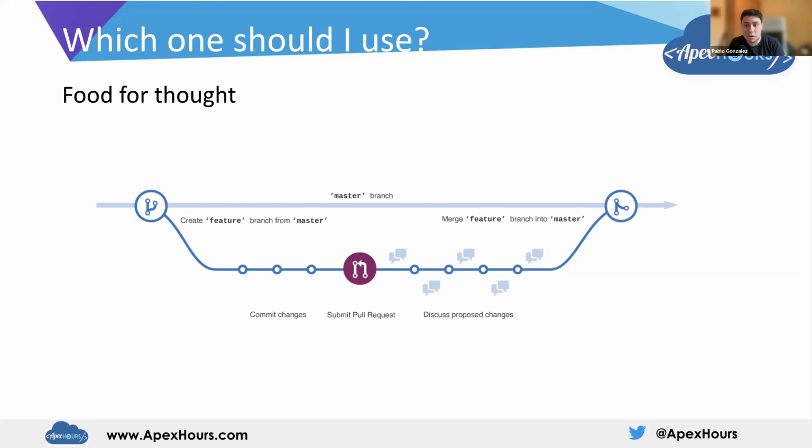That's one argument that people give me. There are other ones like, okay, but how do I keep org metadata that is different for each org, like maybe named credentials or email addresses and email alerts? All that stuff is different for each org. So I need a different branch per org.